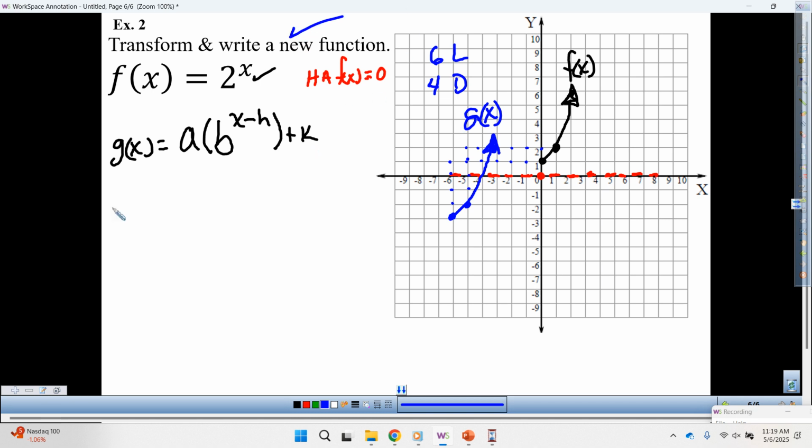So in blue, g of x equals, did we stretch it or compress it? No, so there's no a. So, parentheses. What base is this? This is base 2. x. Now, if we moved it to the left, tell your neighbor what to write right next to the x. What do we write next to the x if we moved it 6 to the left?